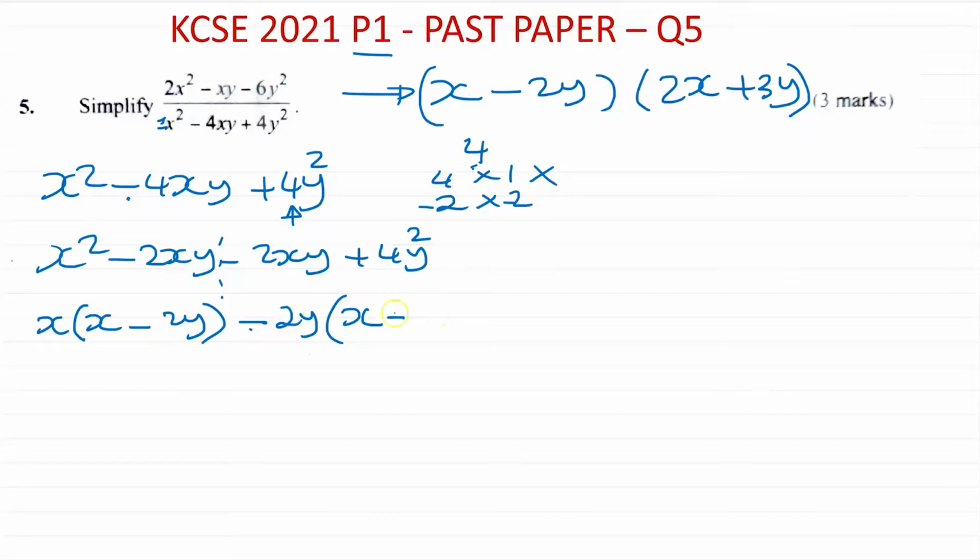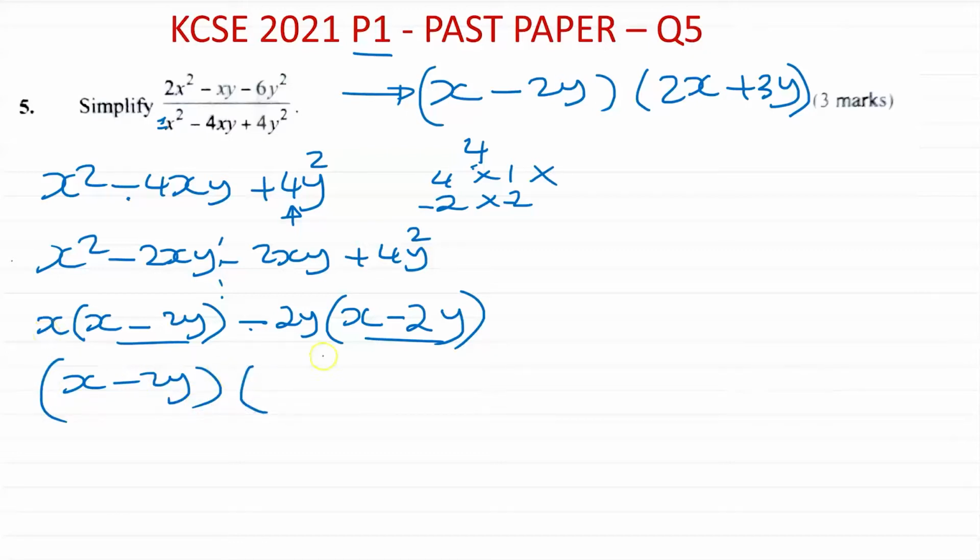I need another 2 and another y in order to get y squared. Now I take one of the same brackets, so x minus 2y, and then I have x minus 2y, so that was a square bracket. The bottom expression gives me x minus 2y, x minus 2y.